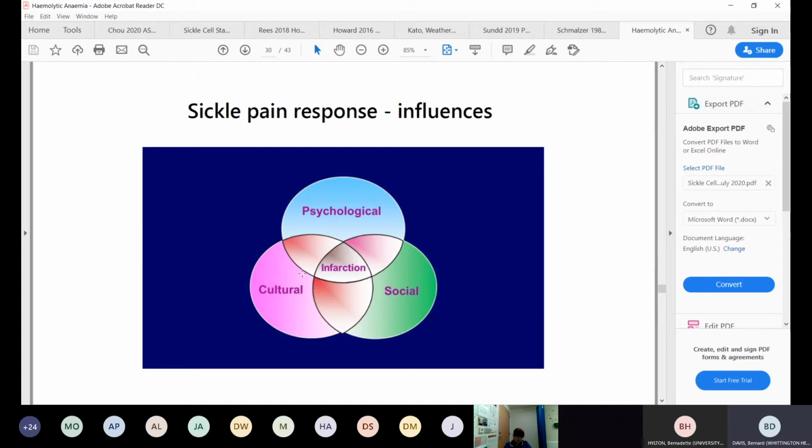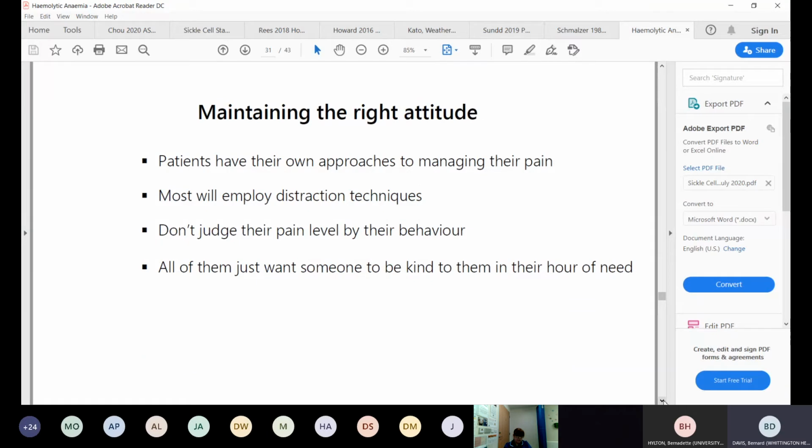And sometimes, especially for those who have recently moved into the UK, this can be quite challenging because they may not be able to express themselves properly, and healthcare professionals might not understand why they're responding in that particular way. Sometimes people might think that they're being aggressive when all they're doing really is trying to explain that they're in severe pain. So keep these things in mind.